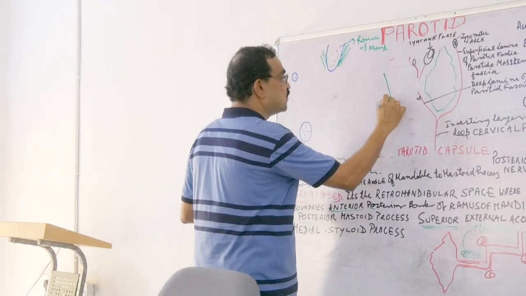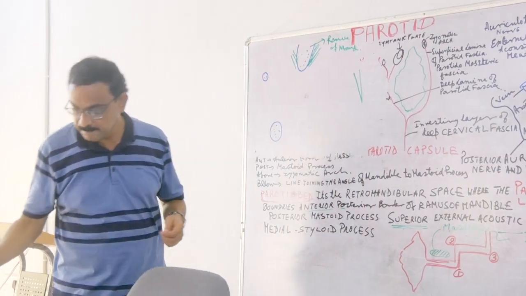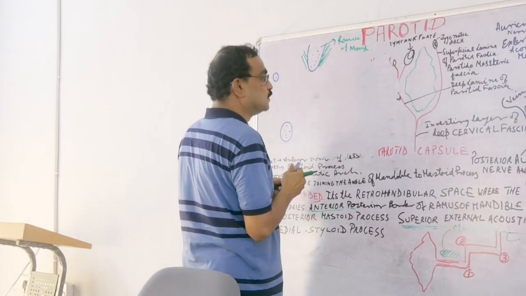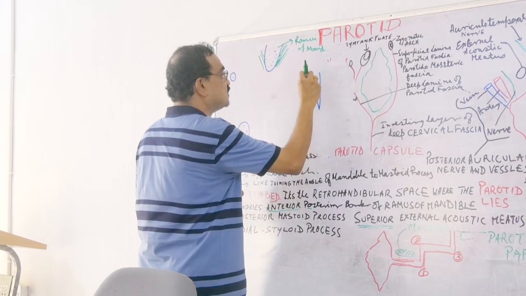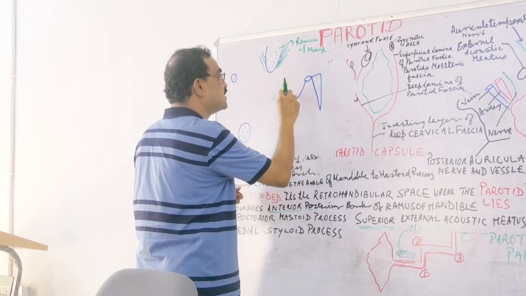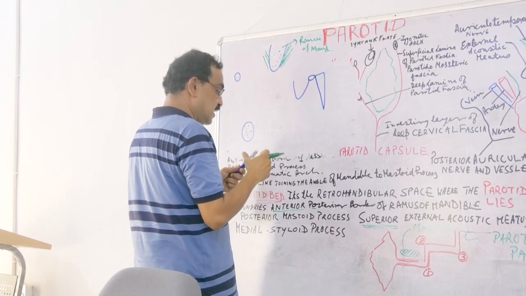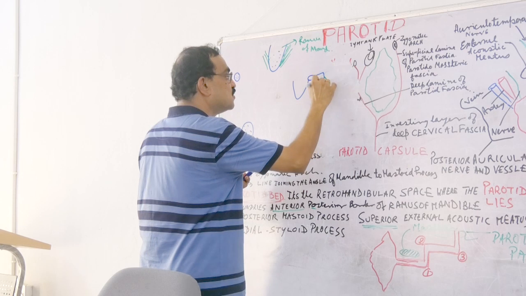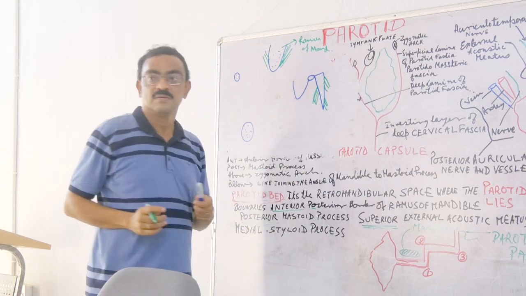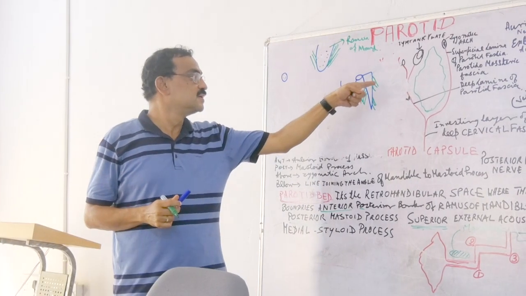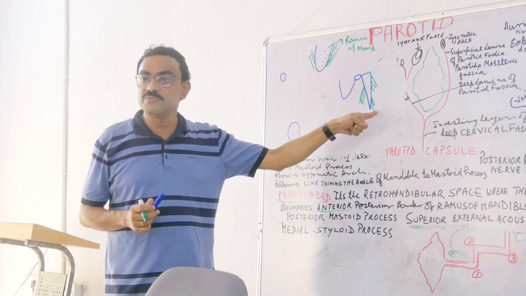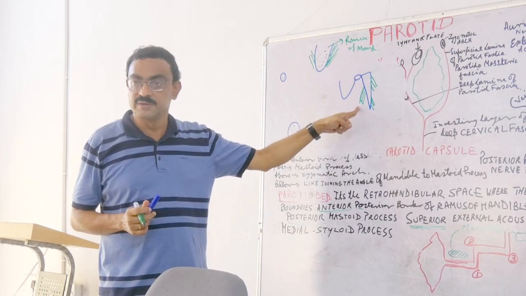Suppose this is the styloid process of the temporal bone, here is the stylomastoid foramen and this is the mastoid process. Here we get attachment of three muscles. One is styloglossus, from the styloid process to the tongue, one is stylopharyngeus, and one is stylohyoid.